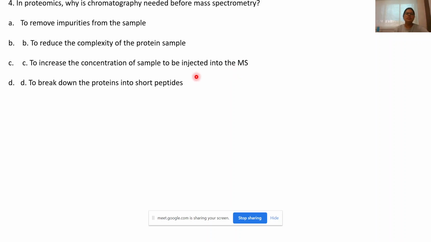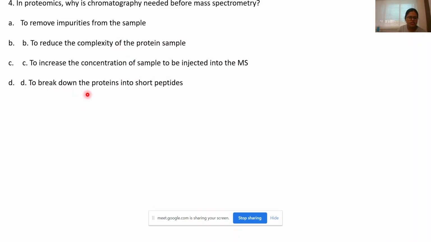One of the major reasons for using chromatography is that you are interested in a particular set of proteins in your sample, but your protein sample will have lots of other things. So to remove the impurities or other proteins from your sample, you use a chromatographic method.